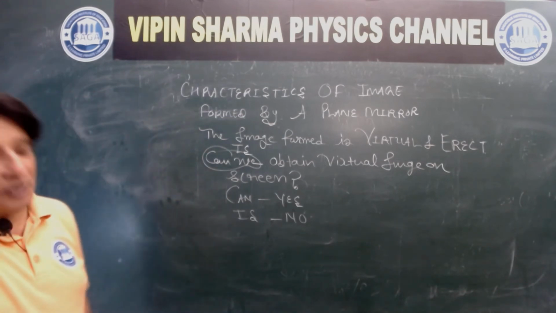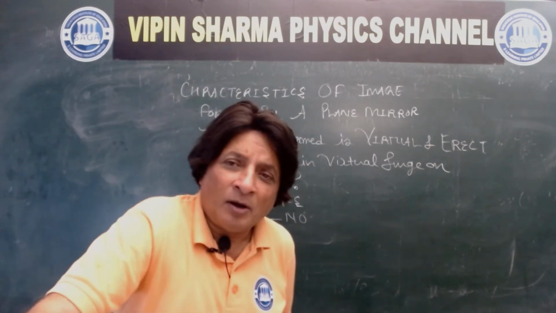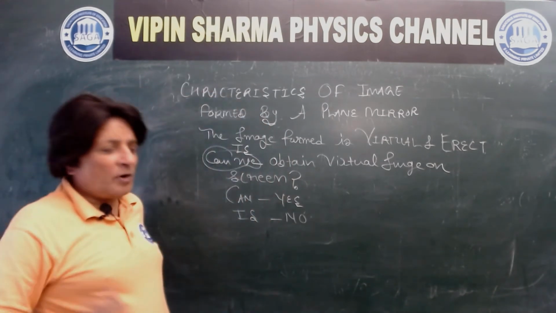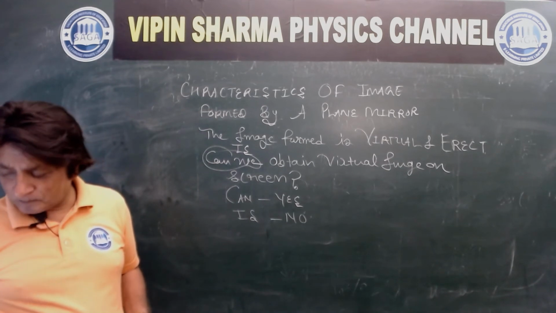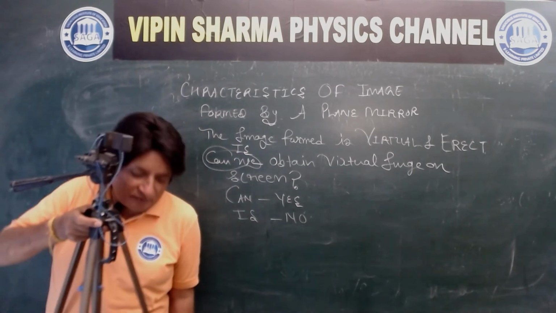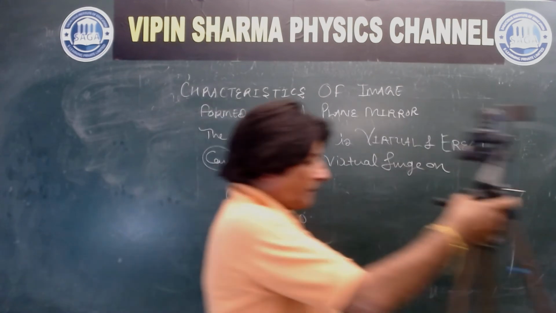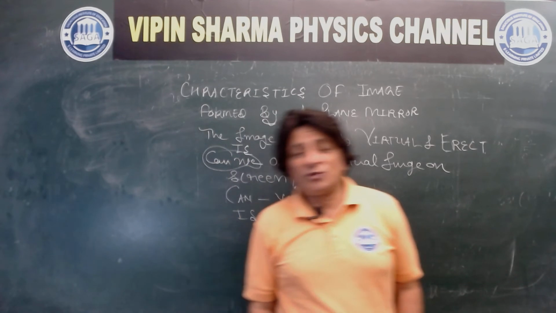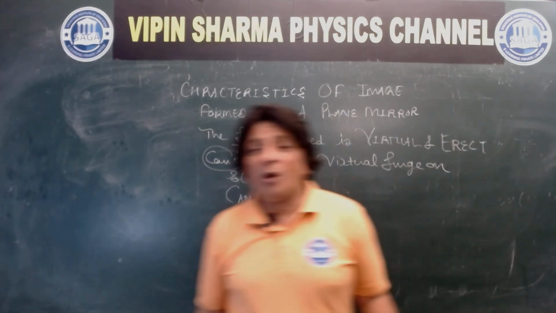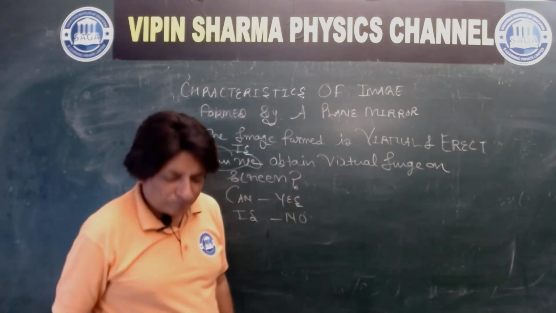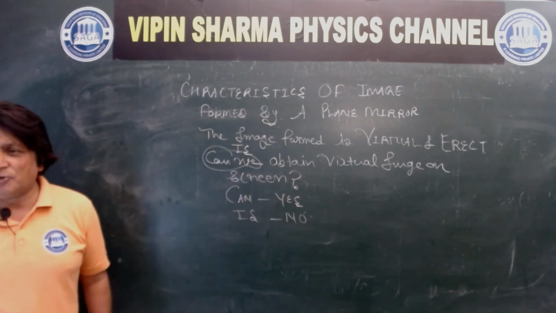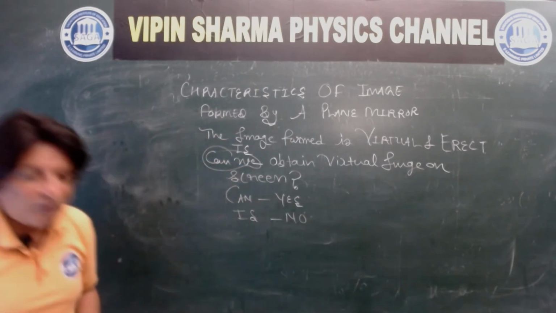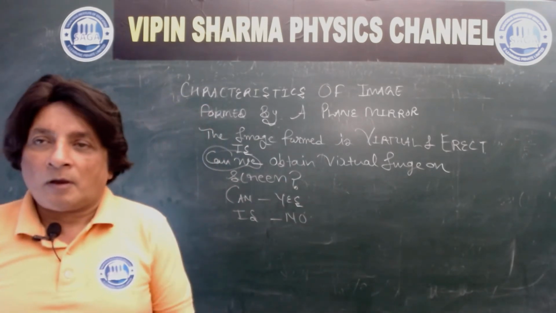Well, students, अगला पॉइंट आपको बताते हैं, erect image. What's the meaning of erect image? Erect image means the image will always be straight on the principal axis. I'll explain you the meaning of principal axis. Okay.